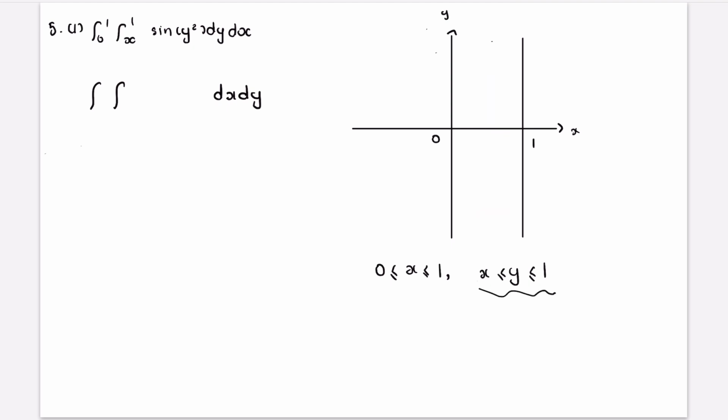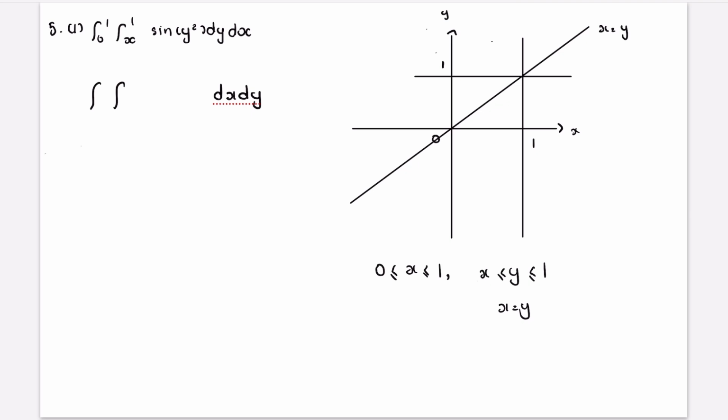For this, x equal to y, we can know that. So we draw the x equal to y line. Yeah, this is x equal to y. To find the y side, when x equal to 1, y also has to be 1. So the intersection point is 1.